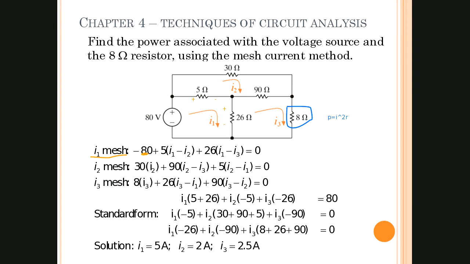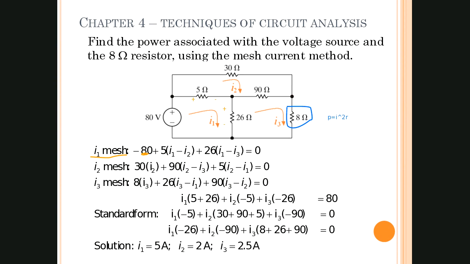Now for this one, they've already done the distributive property for you, but we'll work it out. I'm going to go into a little detail over the 5 ohm resistor. What we have here is 5 ohms times I1, since I1 is going in this direction.